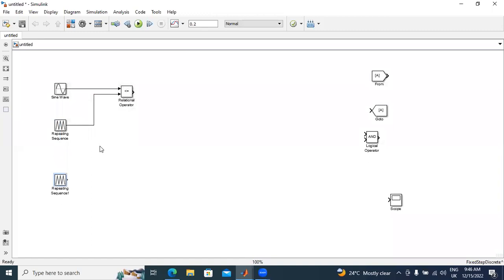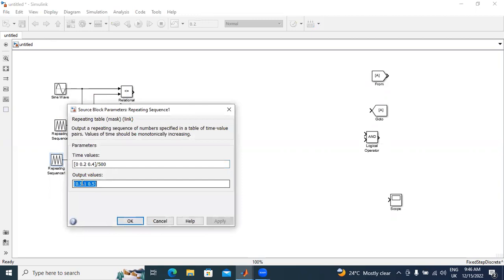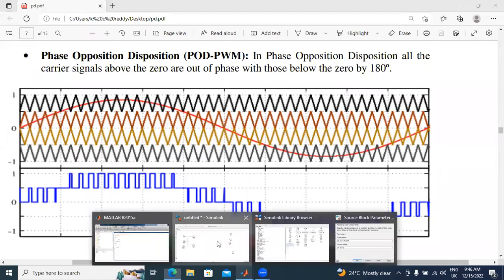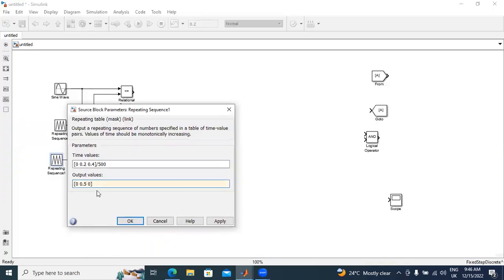Next, I will take the second carrier and compare. In the second carrier, it varies from 0 to 0.5 and again 0.5 to 0. The cycle repeats like this. Now apply this one: 0 to 0.5, again 0.